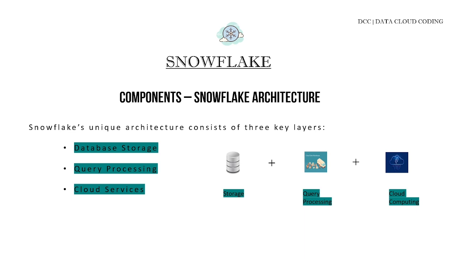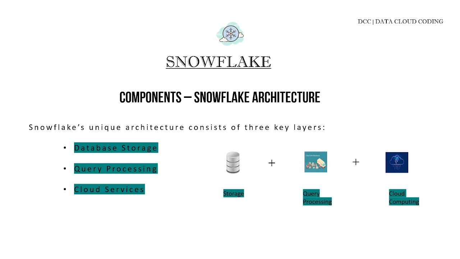For the storage part, we have the storage layer. For the query processing, we have the query processing layer, which is comprised of virtual warehouses, which we will see eventually. And for the cloud computing part, we have the cloud services layer.